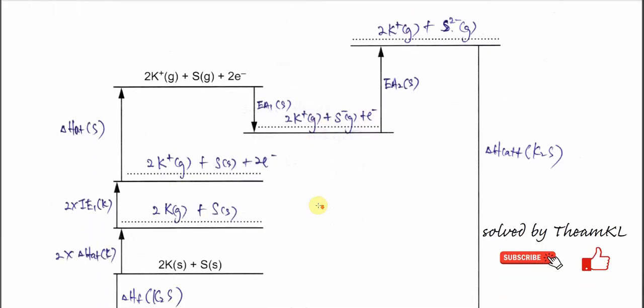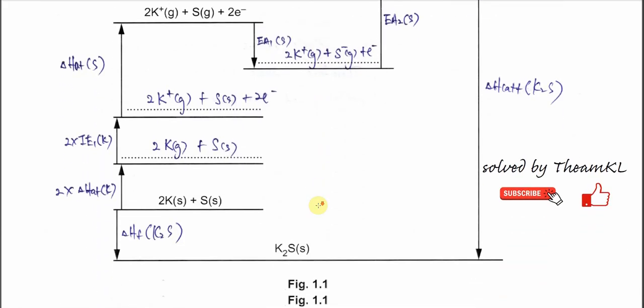Okay, so let's start from this part. From the potassium solid and the sulfur solid, these two react and form the solid. This one is obviously the formation of potassium sulfate, because it's 1 mole.